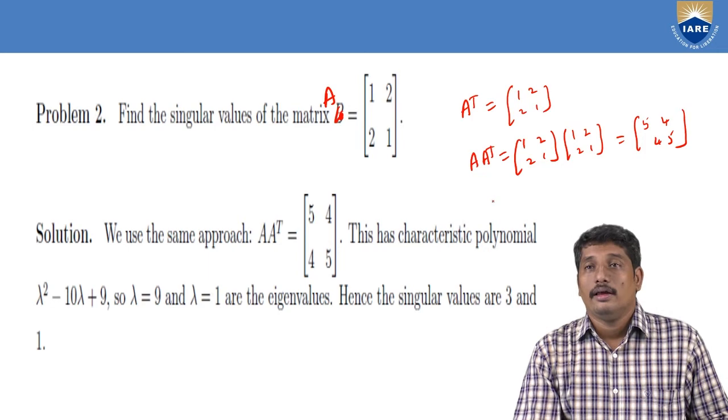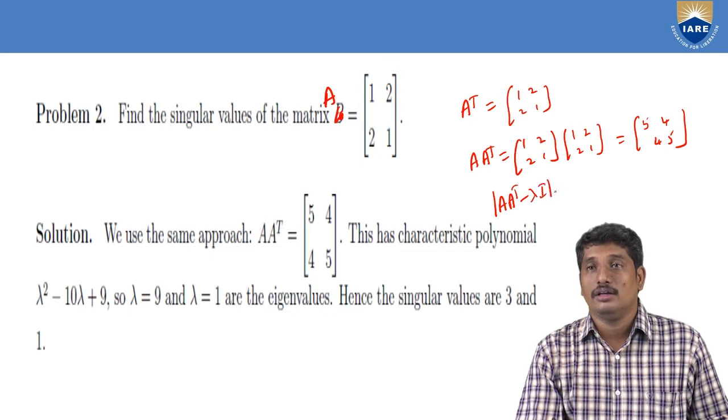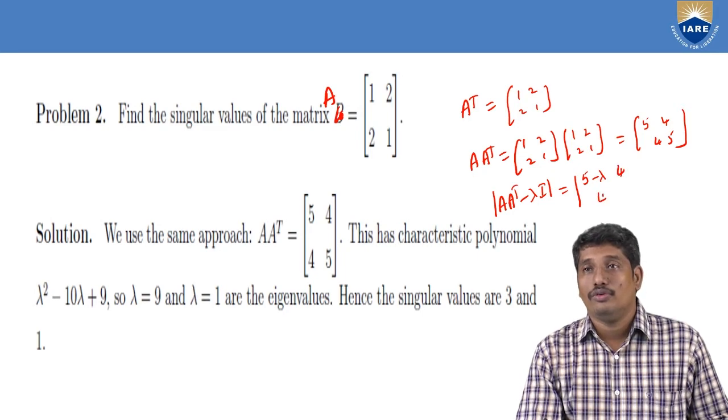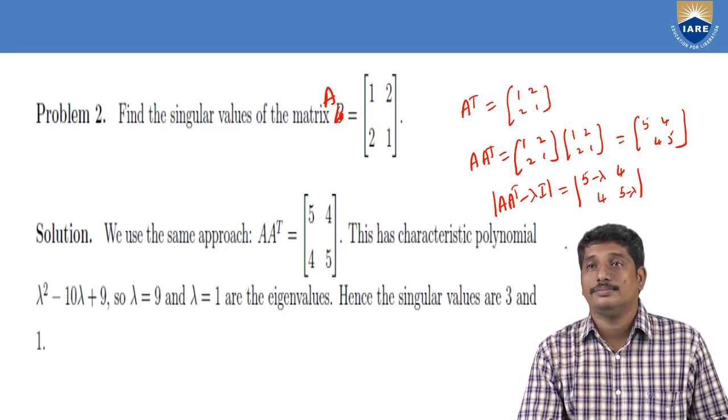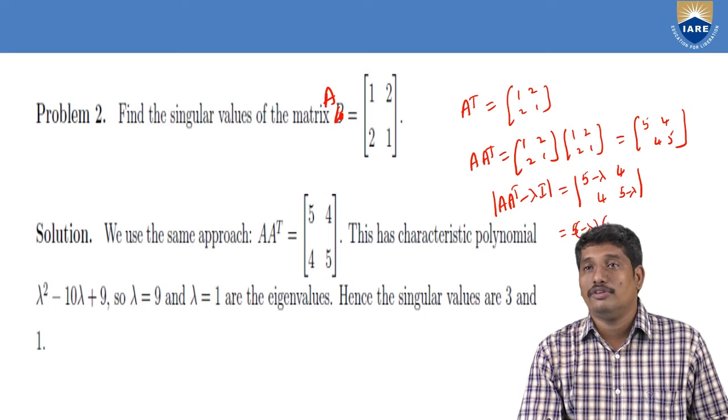Okay. And the characteristic polynomial is given by the formula determinant of A into A transpose minus lambda I, which is the determinant of the matrix 5 minus lambda, 4, 4, 5 minus lambda. By expanding the determinant, we get (5 minus lambda) into (5 minus lambda) minus 4 into 4.